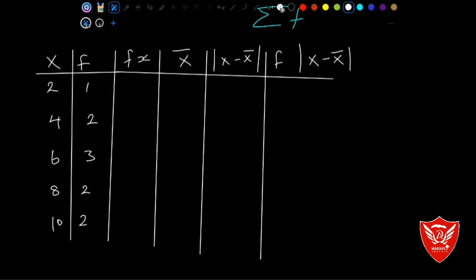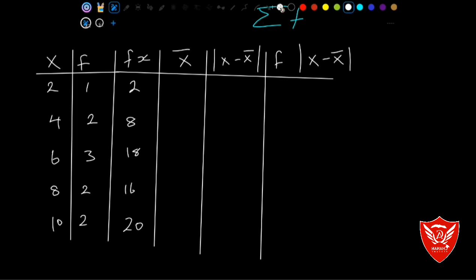With this, it will be easier for you to find the mean deviation. So 2 multiplied by 1 is 2, 4 multiplied by 2 is 8, 3 multiplied by 6 is 18, 8 multiplied by 2 is 16, 10 multiplied by 2 is 20.